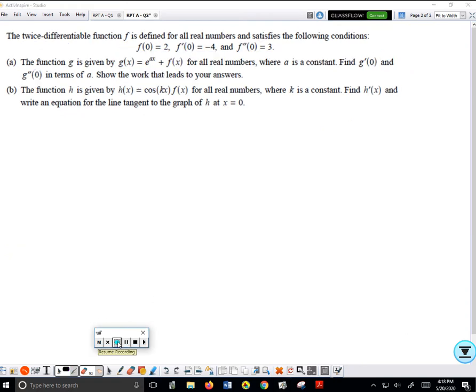Okay, now we're on part B. And part B is worth a total of 4 points.